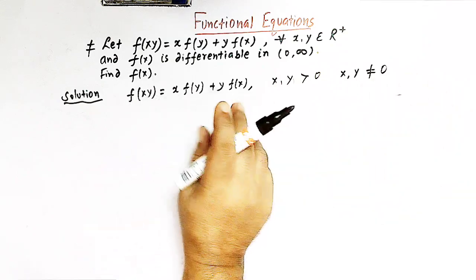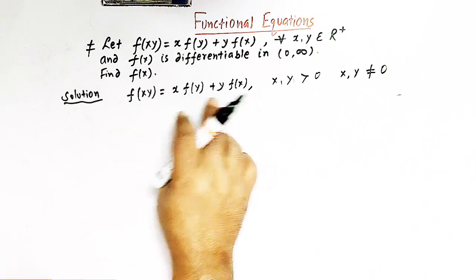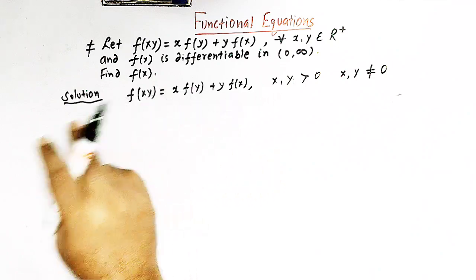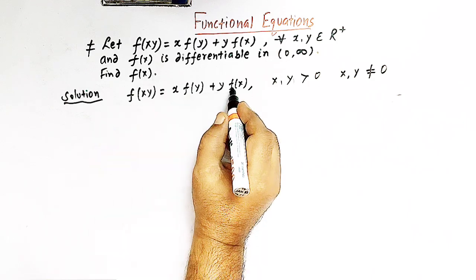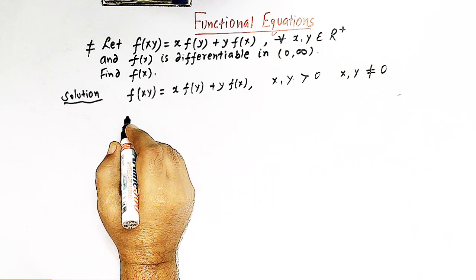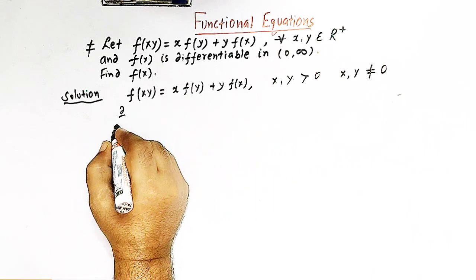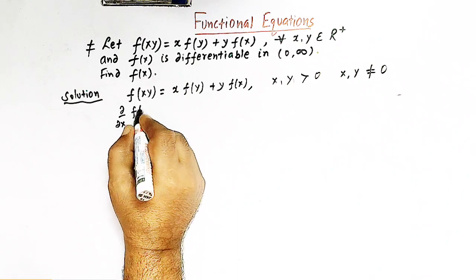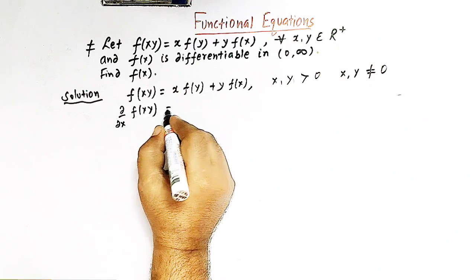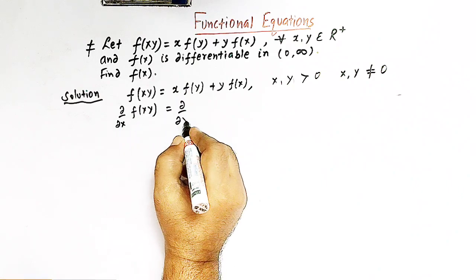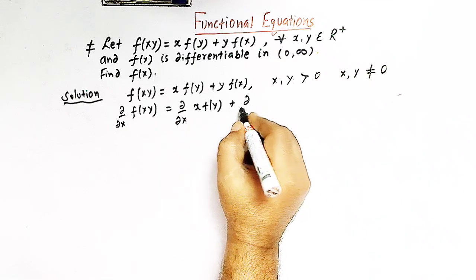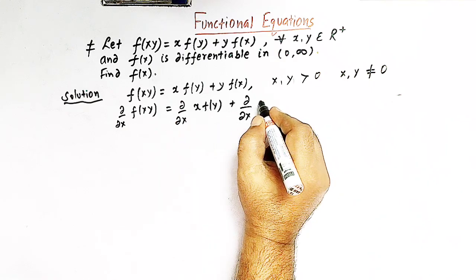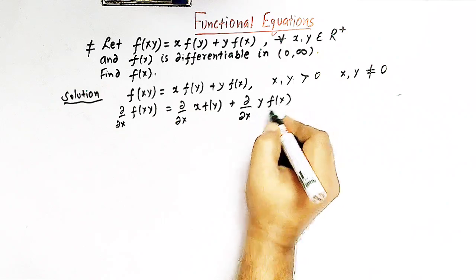Now we'll differentiate this functional equation both sides partially with respect to x. So differentiating partially both sides with respect to x, we get ∂/∂x of f(xy), and here we have ∂/∂x of x f(y), and here we have ∂/∂x of y f(x).